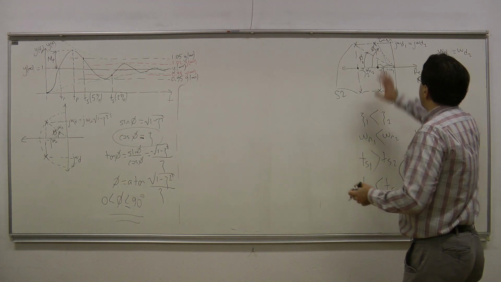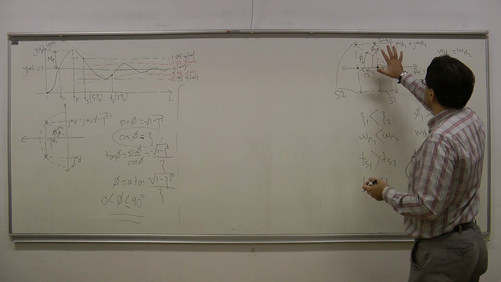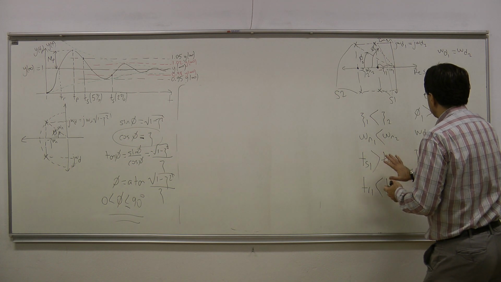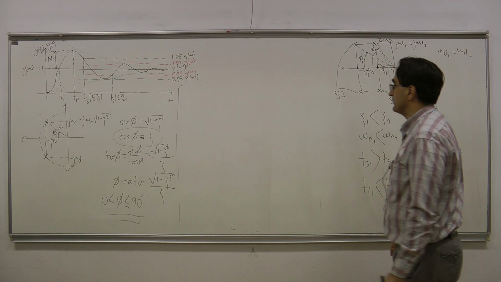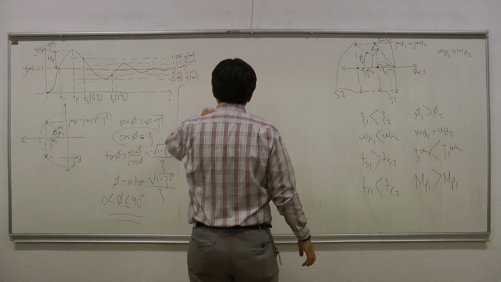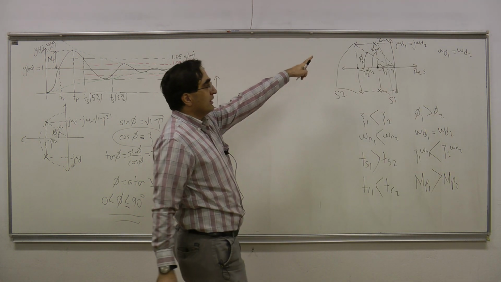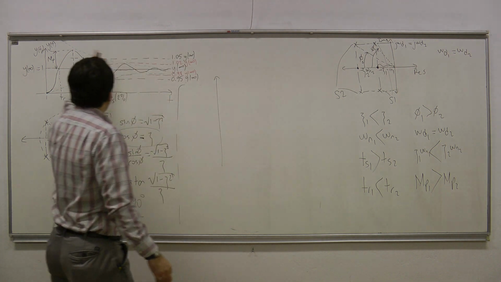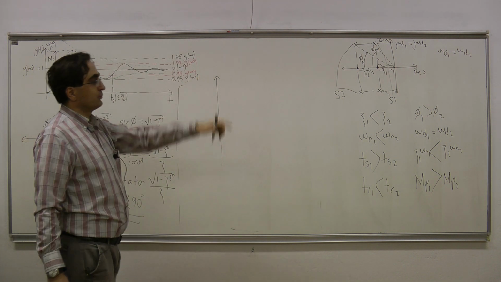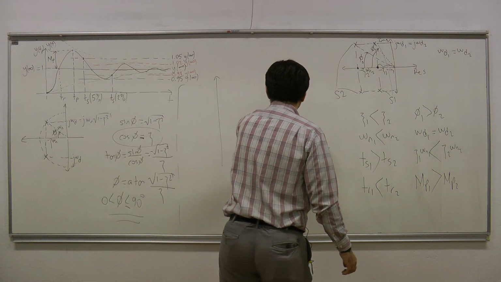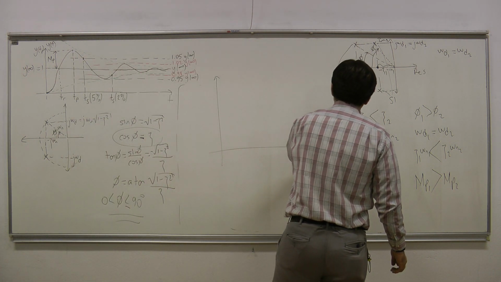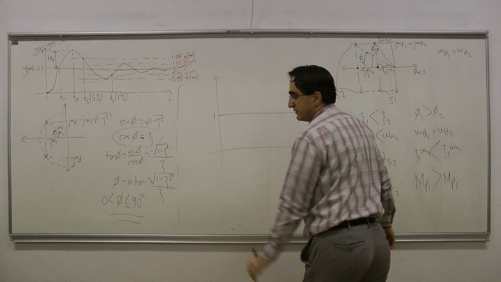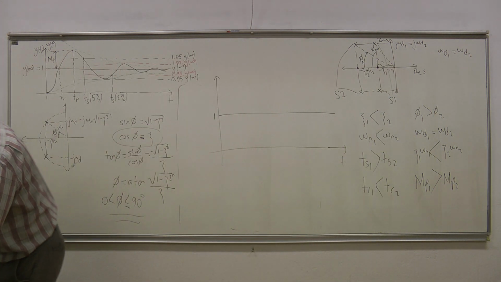So here, by looking at the pole locations, we can say something about the time domain quantities. Here is what I'm going to try to do: by just looking at those pole locations, I will try to draw the step responses of those two systems. I would have the time axis here, and this is my step function.